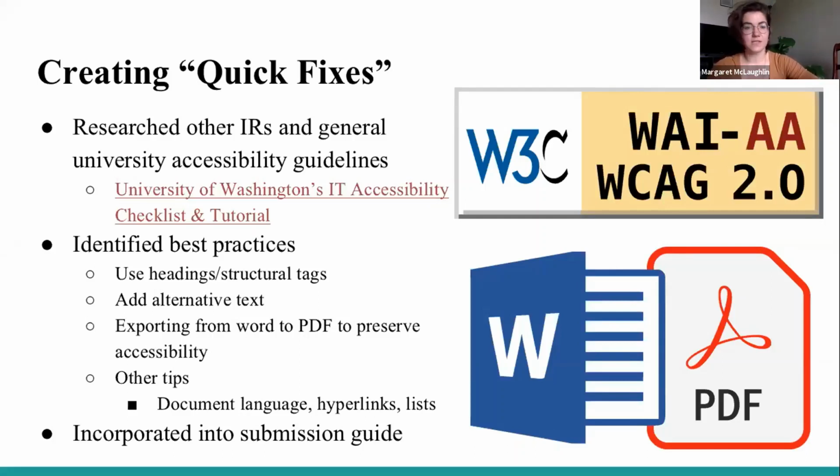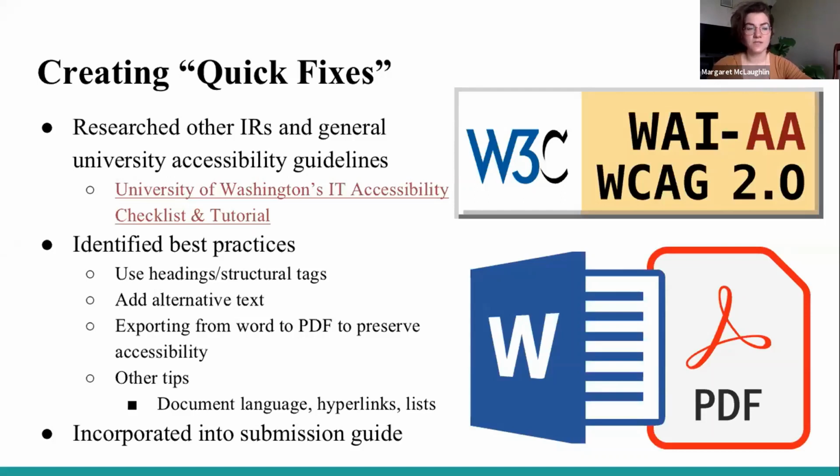So these best practices: the first was to use headings and structural tags. So that's to make sure a screen reader can jump between sections and that everything is clearly labeled. The second is to add alternative text to all images. And the third is to export from Word to PDF to preserve accessibility.